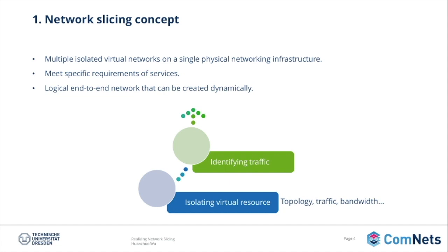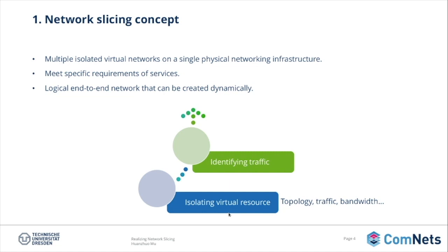So, in order to realize network slicing, basically it needs two parts. First is an isolated subset of available virtual resources. Here, the virtual resources normally are, for example, topology of the network, traffic, bandwidth of the networks, and so on, so that the applications or services can be run on top of such isolated virtual resources.